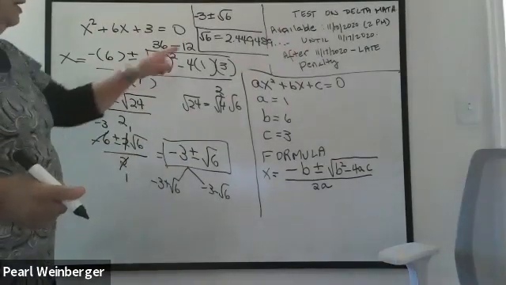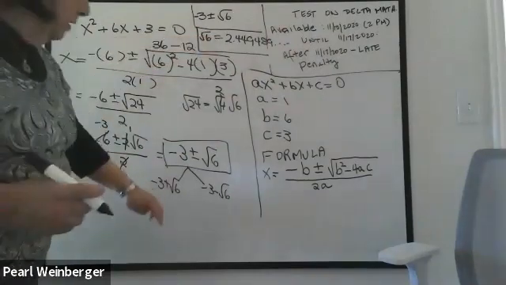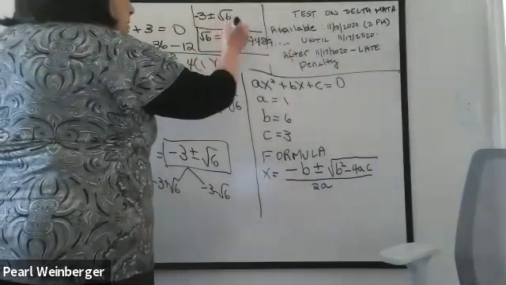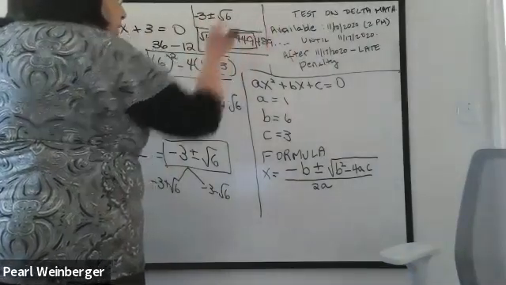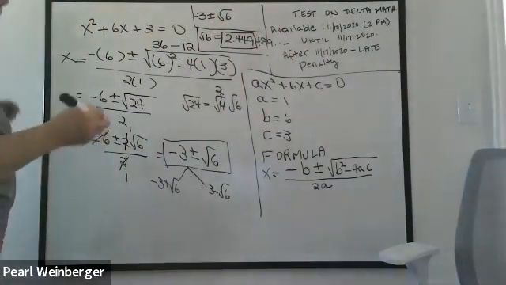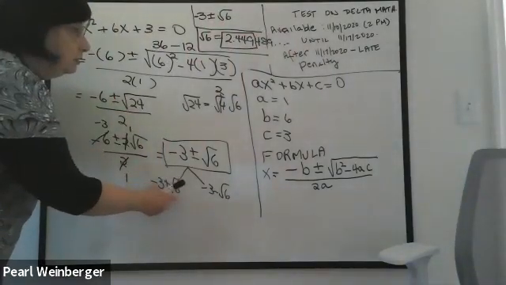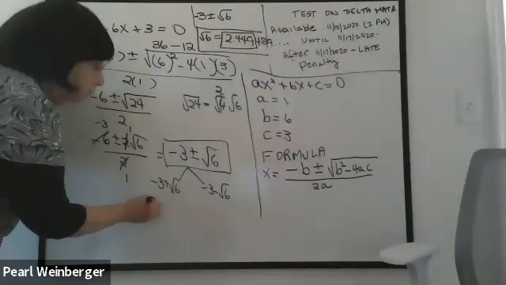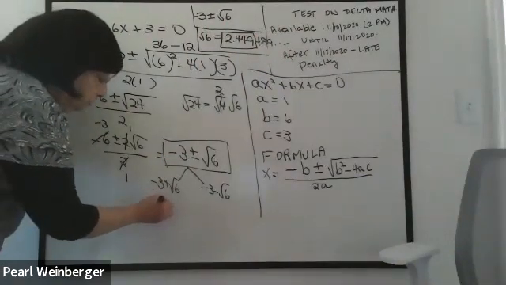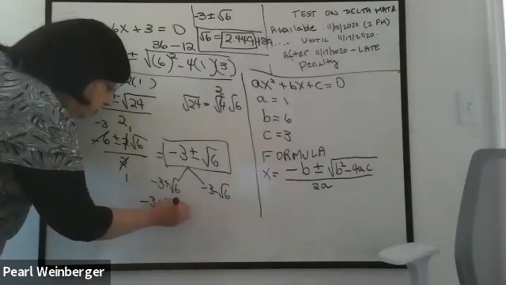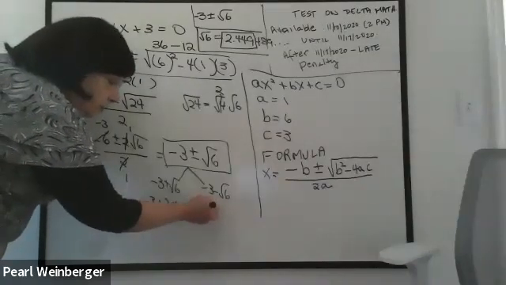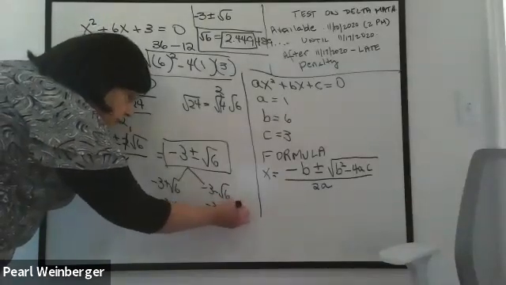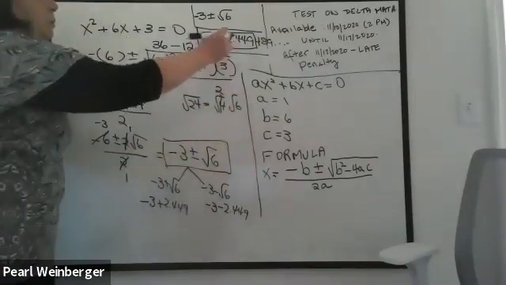If I want my final answer to the nearest 10th, let's take 3 decimals, just take 2.449, and replace the radical 6 with 2.449. So then you'll get, for one answer, -3 plus 2.449, and the other answer will give you -3 minus 2.449.